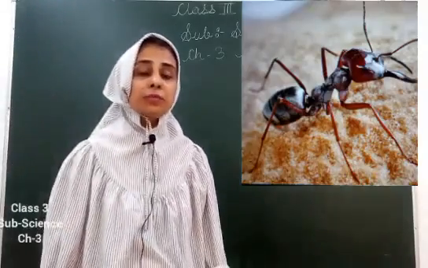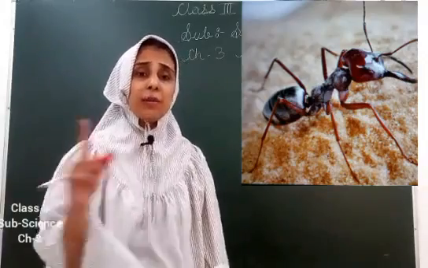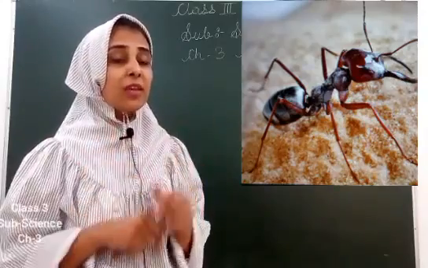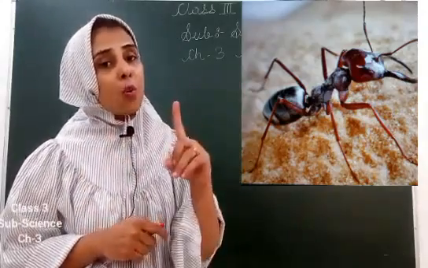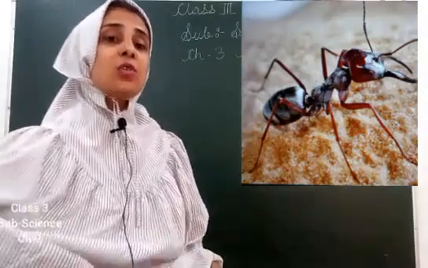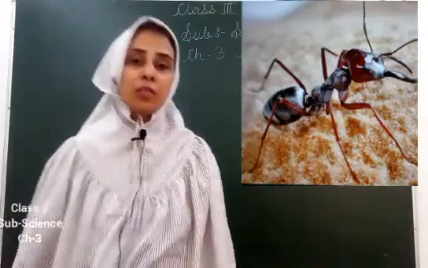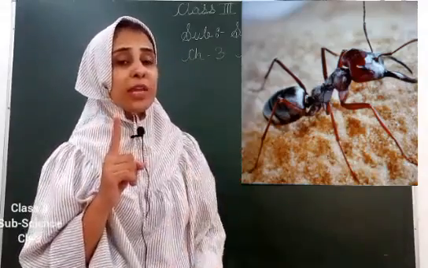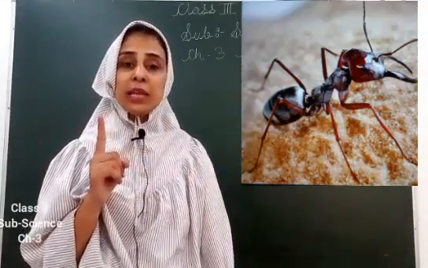Colonies. Okay? एक कॉलोनी में सेम लाइक इन हनी बी, एक honeycomb में कितनी queen होती है? One. So same, in one colony there is one queen ant.